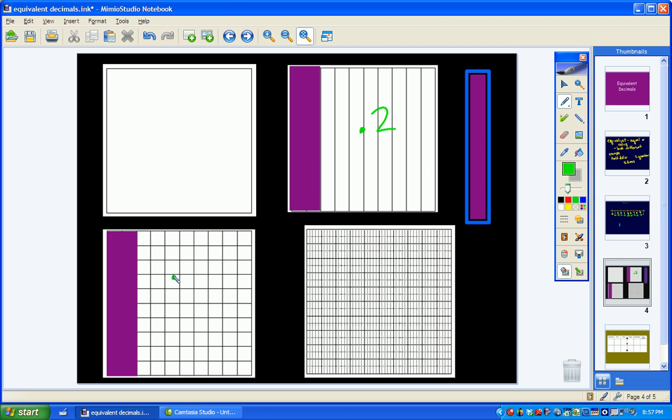That is now 20 hundredths. Using 2 of the bars, because it's equivalent, is now 200 thousandths. So just by putting a 0 in there, you still have the same amount. We use 2 pieces, but you're now creating hundredths and thousandths instead of just tenths.